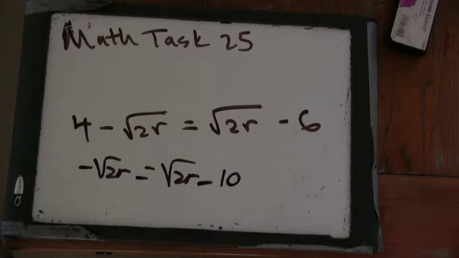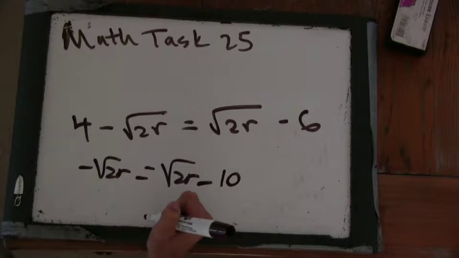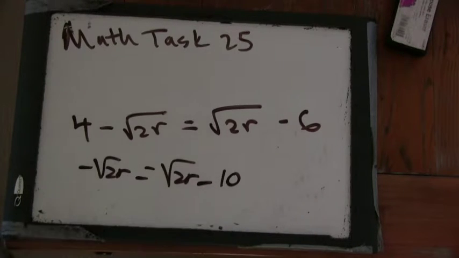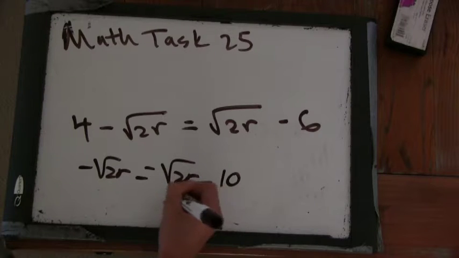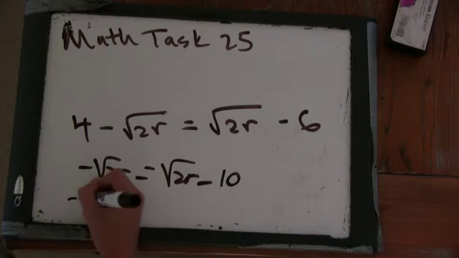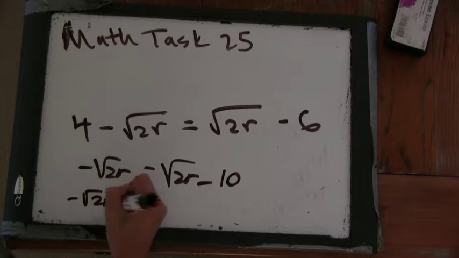Okay. Now what we can do is subtract the square root of 2r from both sides. We have negative square root of 2r is 10.